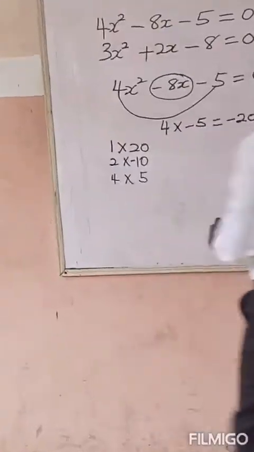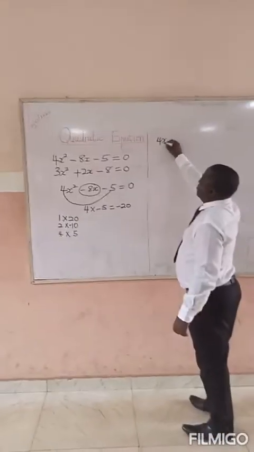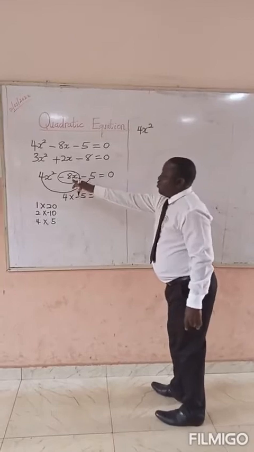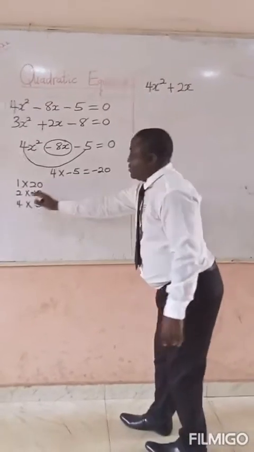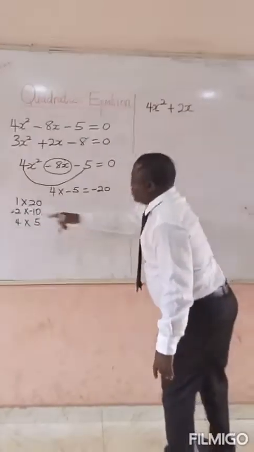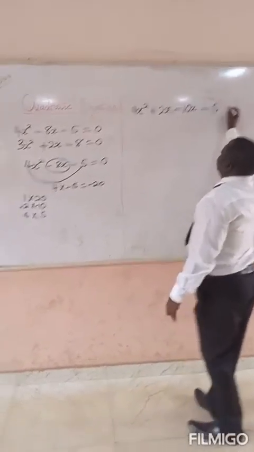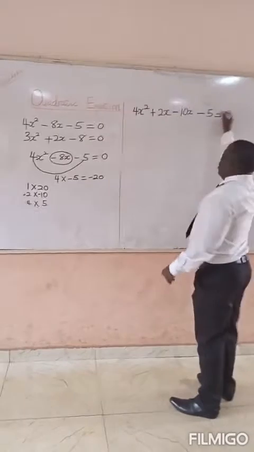Now let's continue. 4x squared. Instead of minus 8x now we are writing plus 2x. Plus 2x. Then minus 10x. Minus 10x. Then minus 5 is equal to 0.